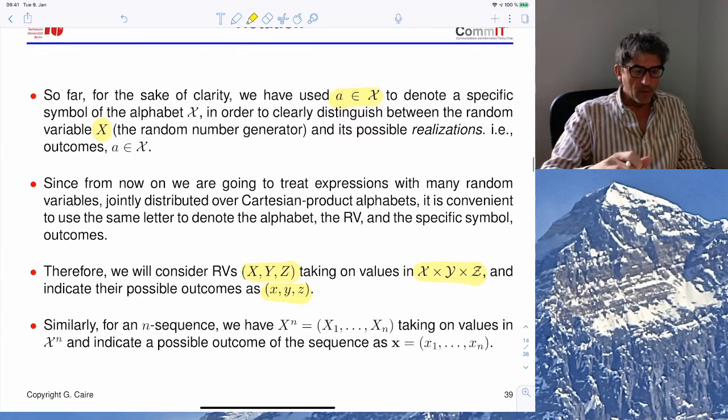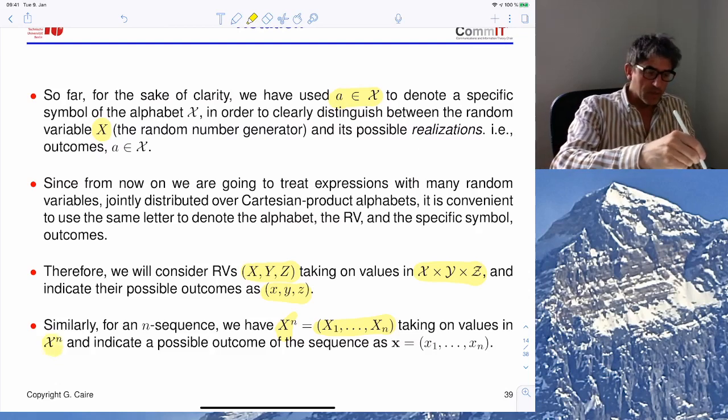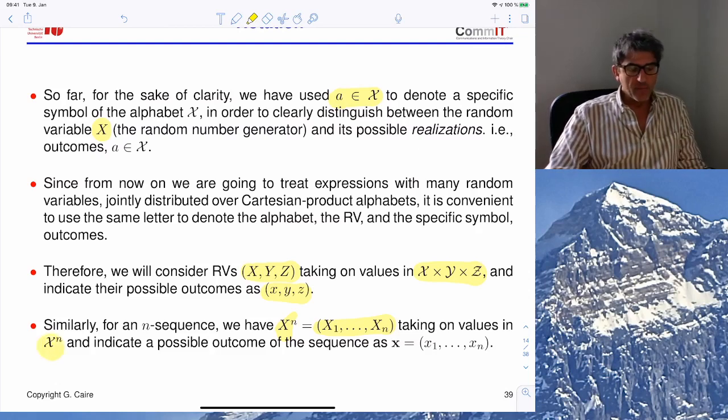So for example, we can say an n-sequence X^n with components X_1 to X_n, those are random variables, takes values in the n-fold Cartesian product alphabet calligraphic X to the n, and a possible outcome is simply a vector of specific values using the small letters.